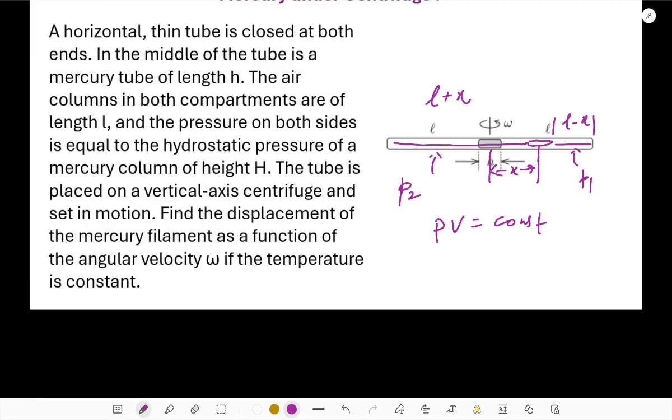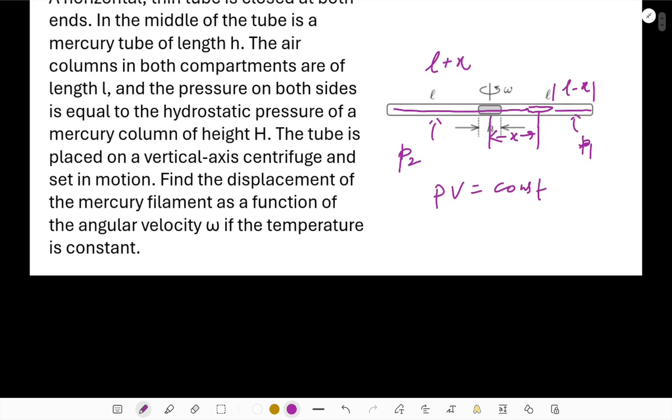And what will be this pressure P1? I'm going to use Boyle's law to find it. Initially it was simply rho g h, that is the pressure, multiplied by volume PV, before the centrifuge gets started.